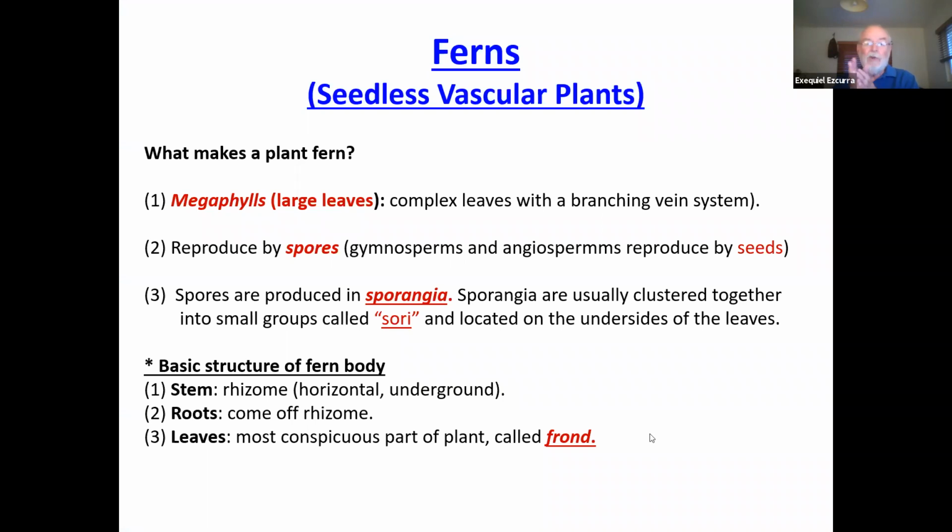And what are the traits? What makes you identify a fern? I assume that most of you, when you're in the field or in a garden and you see a fern, you immediately identify it as such. And one is the megaphylls, the large leaves or leaf-like structures that seem to come off from the ground. The lack of a visible stem.